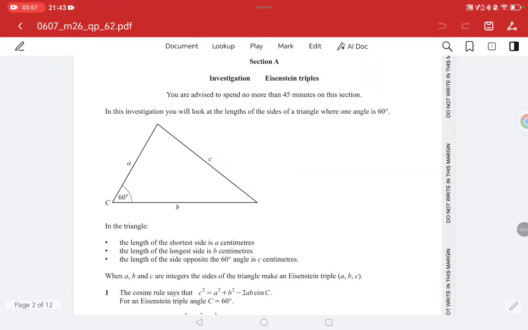Here they give you a triangle with three sides a, b, c, and you have an angle of 60 degrees. This is the most important thing in this triangle. They are giving you this expression.